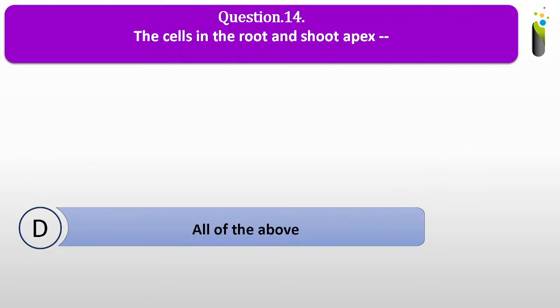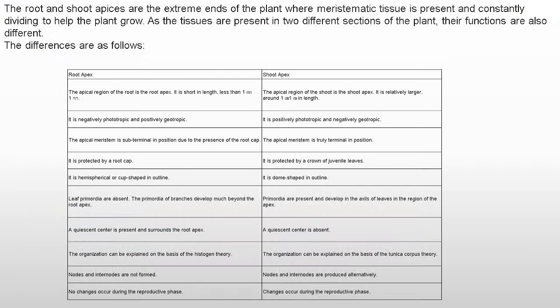Very good, Nidhi. Okay. The root and the shoot apices are the extreme ends of the plants where meristematic tissue is present and it is constantly dividing to help the plant grow. So as the tissues are present in two different sections of the plant, their functions are also different. What are the differences?